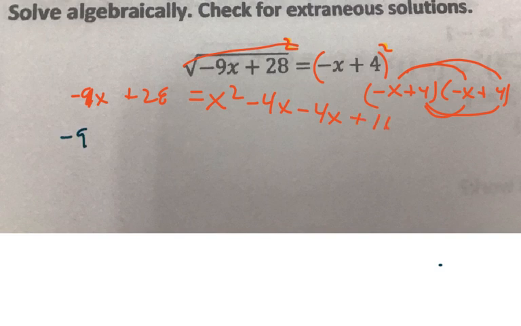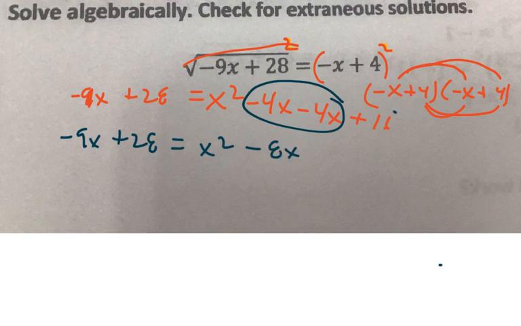So I have negative 9x plus 28 equal to x squared minus 8x plus 16. Now, because it's a quadratic again, we've got to get everything on one side equal to 0. I'm going to go ahead and add 9x to both sides, because 9 minus 9 is 0, right?